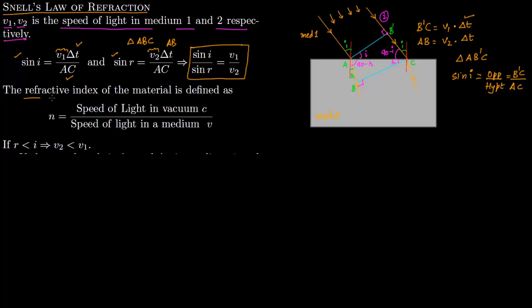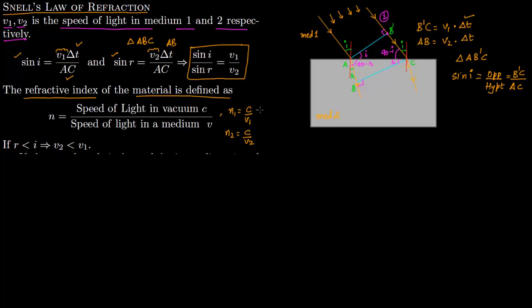So the refractive index of the material is defined as speed of light in vacuum divided by speed of light in a medium. So for medium 1, N1 would be equal to C by V1. For medium 2, N2 would be equal to C by V2.